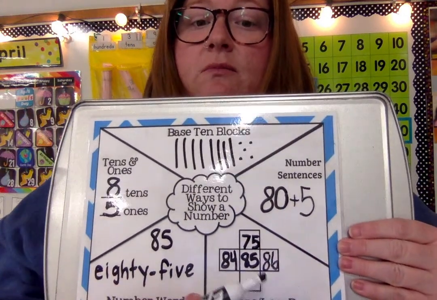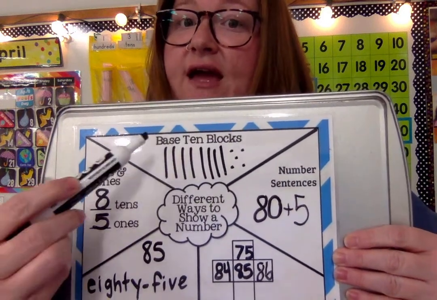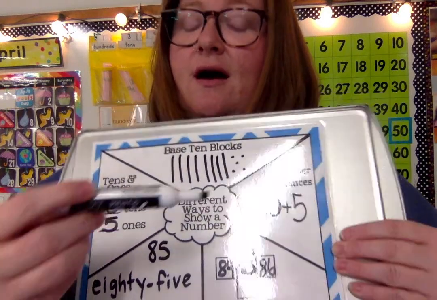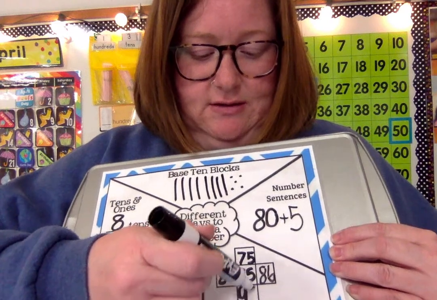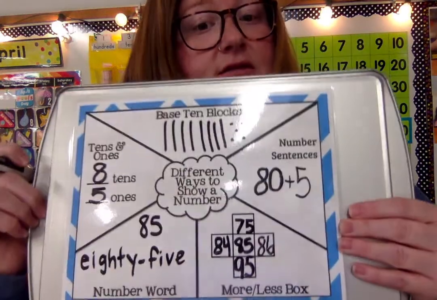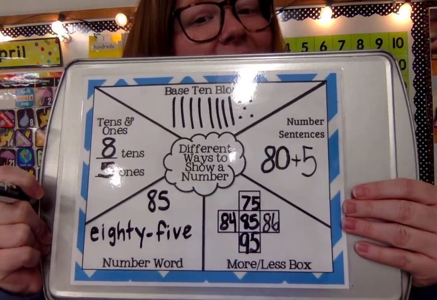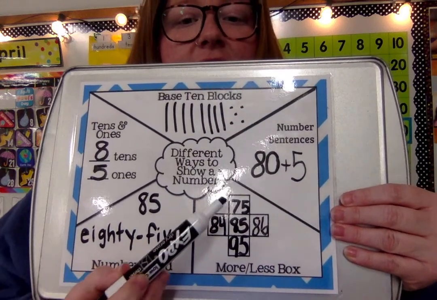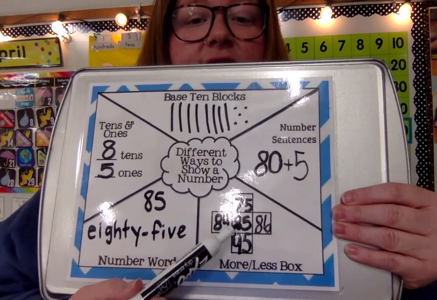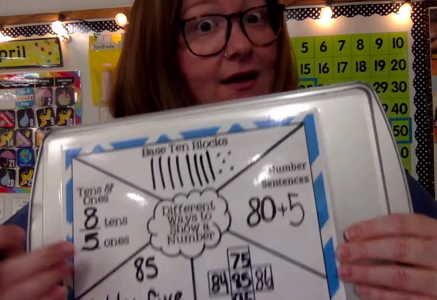Ooh, now 10 more. If I have 8 and I added another, I would have 9 tens. Still 5 ones. So that's the number 95. If I count by tens off the decade, 75, 85, 95. That sounds right. Because it is.